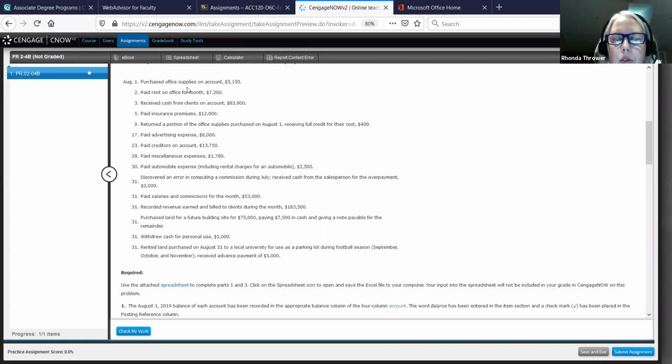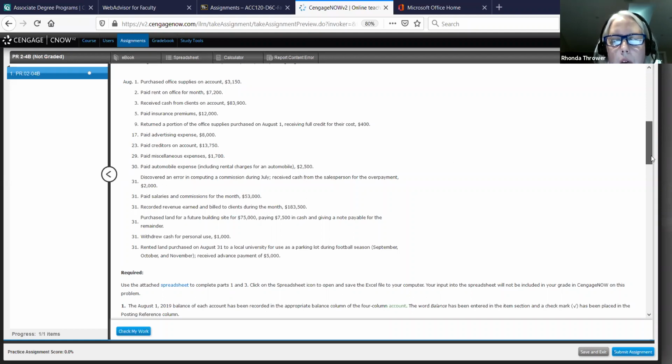What you should have learned in this chapter is that office supplies is an asset, and assets are increasing when we buy them. Because my office supplies account is an asset and it's increasing, I've got to record it on the debit side to show the increase in office supplies.